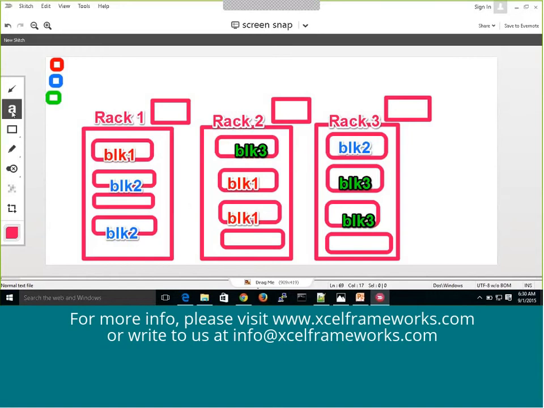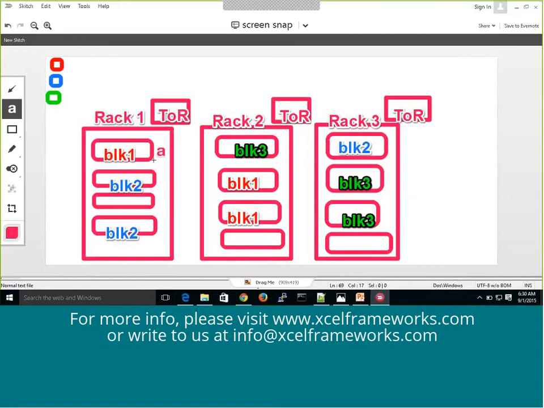Why is this? Because there is a top of rack switch. Why is this algorithm written this way?